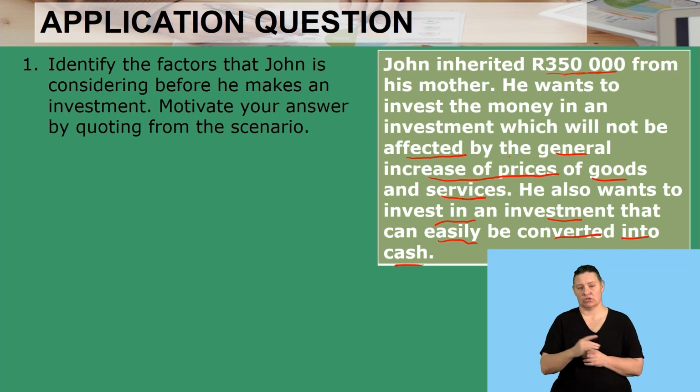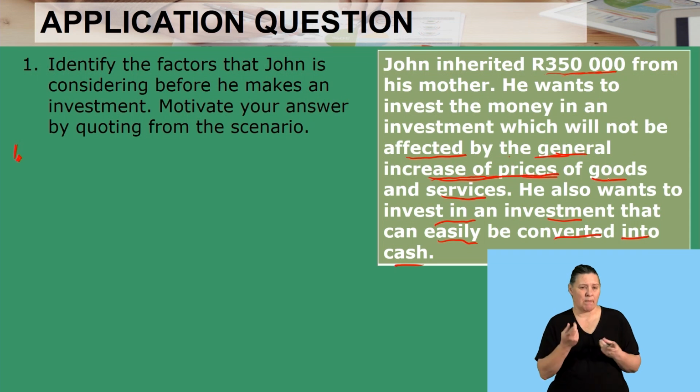So which two investment factors are those? The first one is the one related to the general increase of prices of goods and services. This would be your inflation, because the general increase of prices of goods and services has to do with the inflation rate.